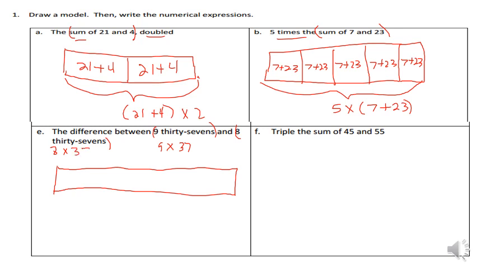And 8/37 would be the same as saying 8 times 37. So I'm going to start off by just drawing 9/37 here. 1, 2, 3, 4, 5, 6, 7, 8, 9. And I'm going to put 37 in each one because that is 9/37.